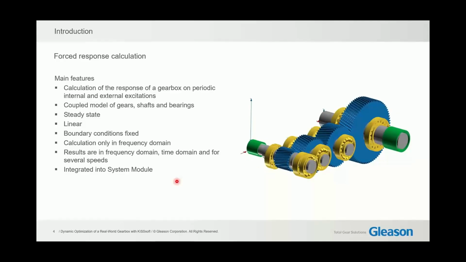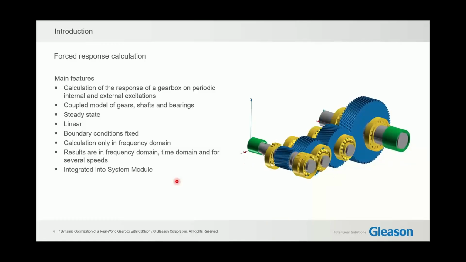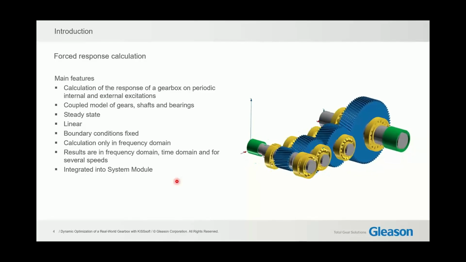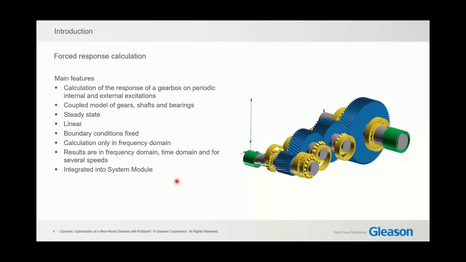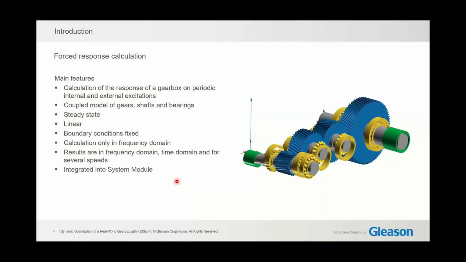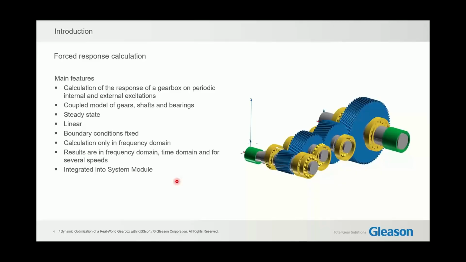The main feature of the force response calculation is that we calculate the response of a gearbox to periodic internal and external excitations. There is a coupled model of gears, shafts, and bearings, so everything is treated together. We only calculate a steady state, so we only get periodic solutions. The analysis itself is linear.